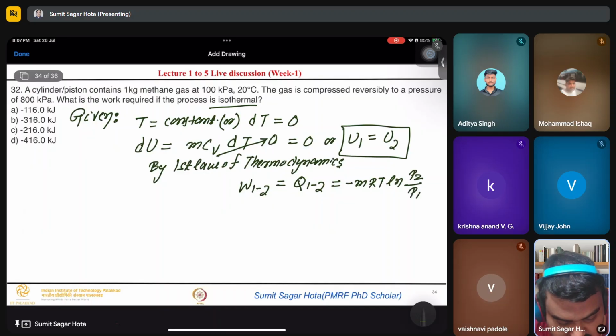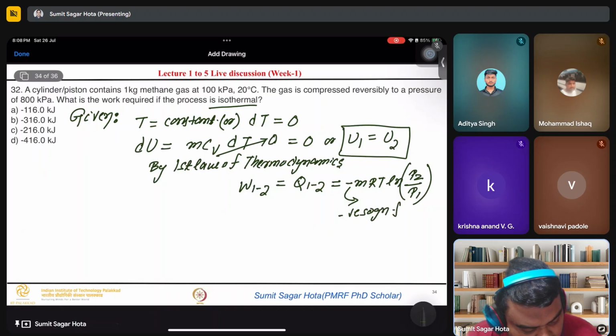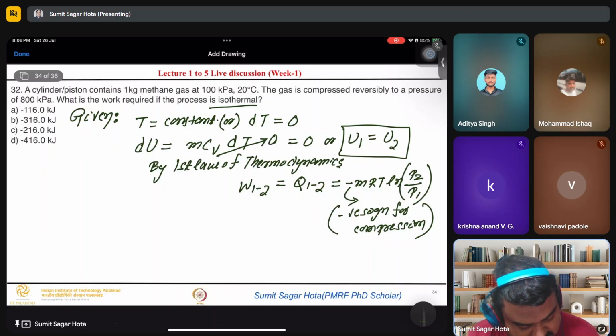Go through this derivation, how this came to ln P2 by P1. You should always remember the work done formula: W12 equals Q12 equals minus mRT ln P2 by P1. And why this negative sign? The negative sign is for compression. So let's substitute all these values and find out.